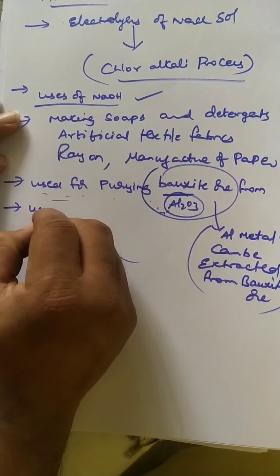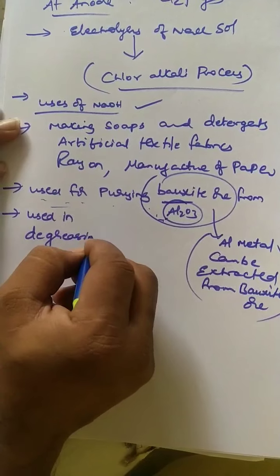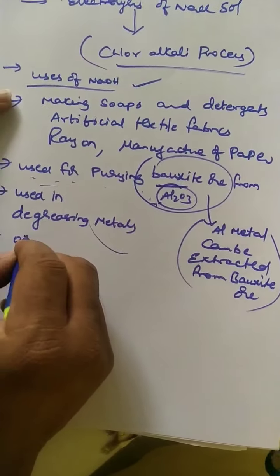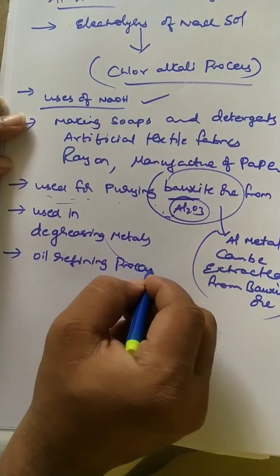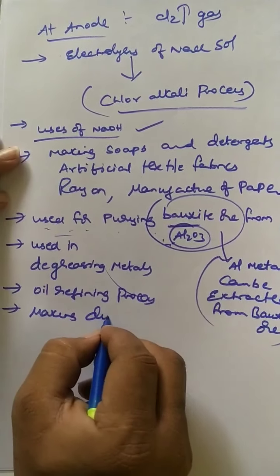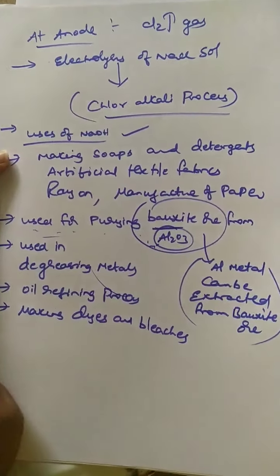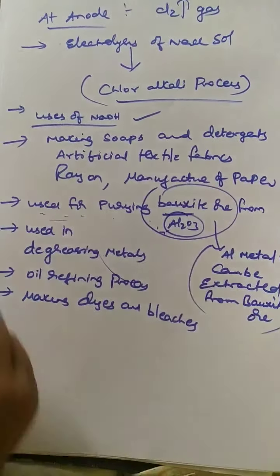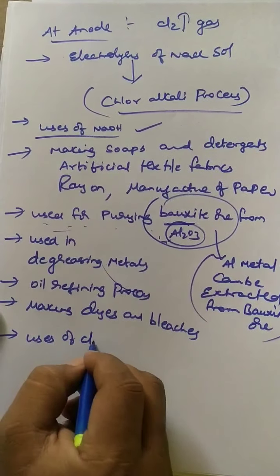NaOH is also used in degreasing metals, if you want to remove grease on metals, used in the oil refining process, and used for making dyes and bleaches. So these are the uses of NaOH. Next, uses of chlorine.